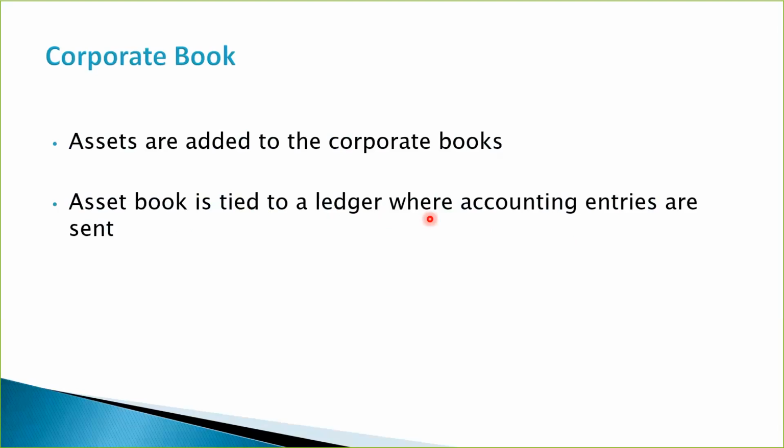So for example, if you have two companies, and you want to manage the assets separately in different books, but those companies are represented as separate balancing segment values on the same ledger, then you'll have two corporate books pointing to one general ledger, both of them sending their accounting entries to that same ledger, but of course with different balancing segment values to represent the different companies which they're sending accounting entries for.